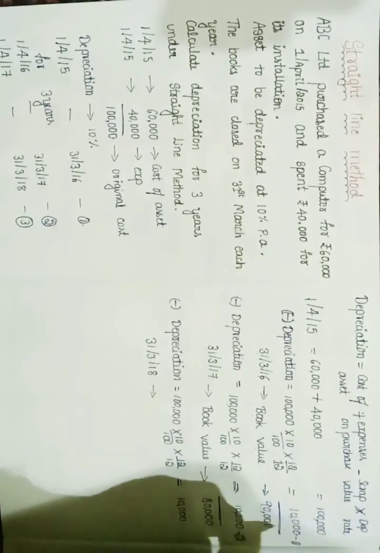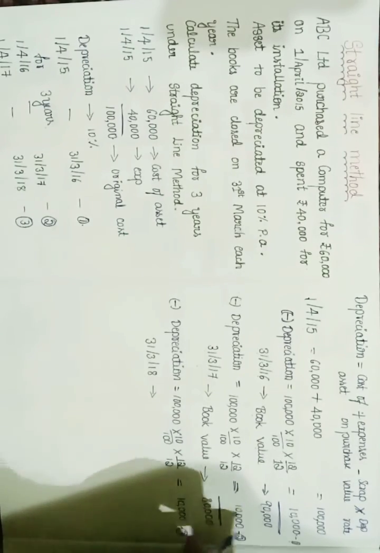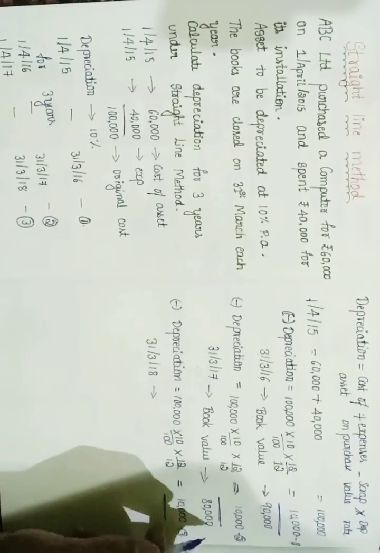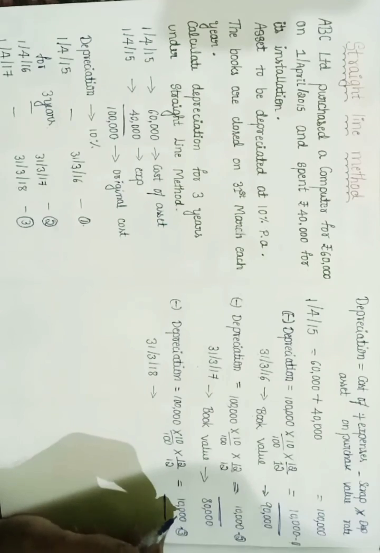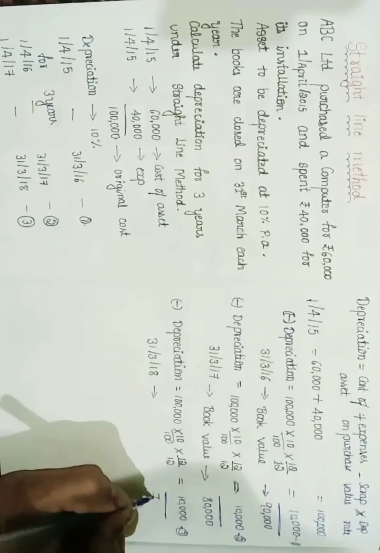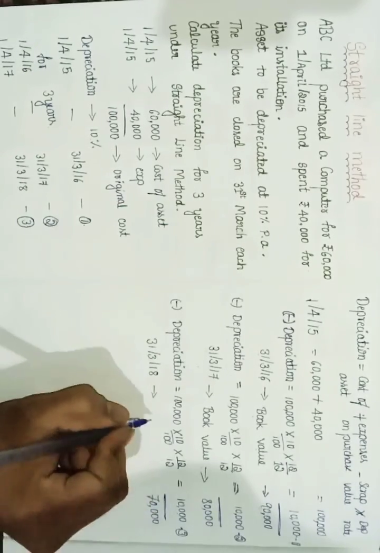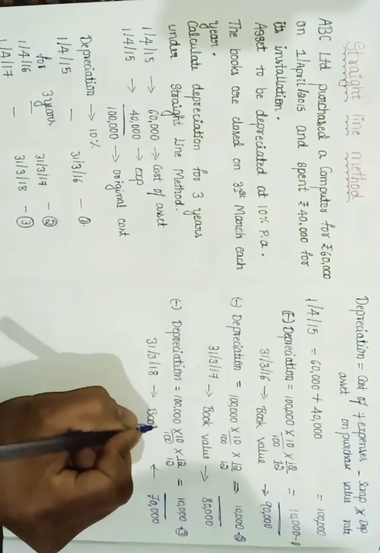See, first year 10,000 rupees, second year 10,000 rupees, and third year also 10,000 rupees. It is the same. That's why it is called the straight line method. Then on the beginning date we had 80,000 rupees worth of asset, but because of its usage it is reduced by 10,000. On the closing date we presently have just 70,000 rupees worth of asset. This is called the book value.